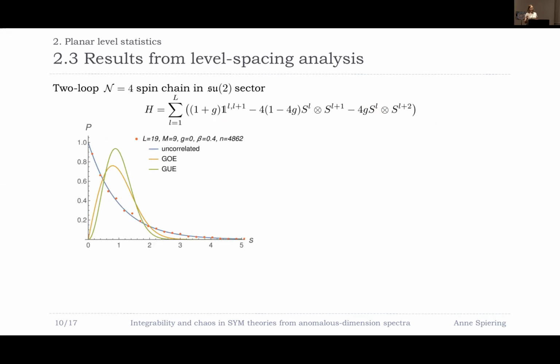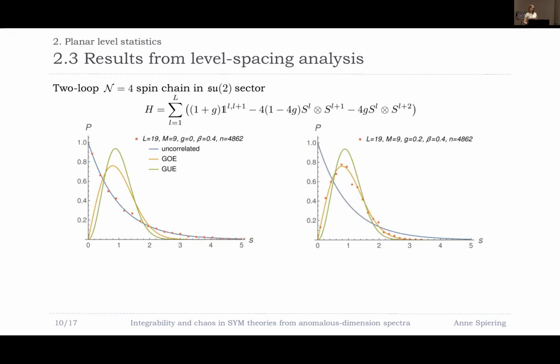Now, setting G to a small but finite value, we find that the spectrum is not Poissonian anymore, but can be described by random matrix theory. In this case, it's the Gaussian orthogonal ensemble. So again, this doesn't say that planar N equals 4 is not integrable anymore, but if you truncate this perturbative expansion, what we find is chaos.